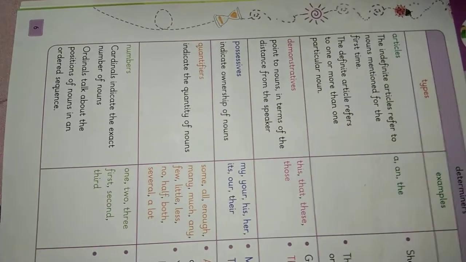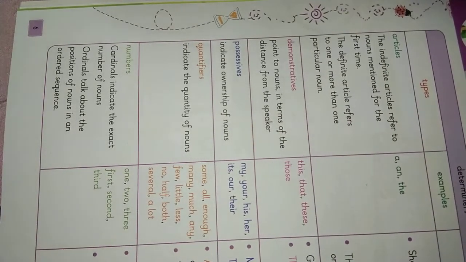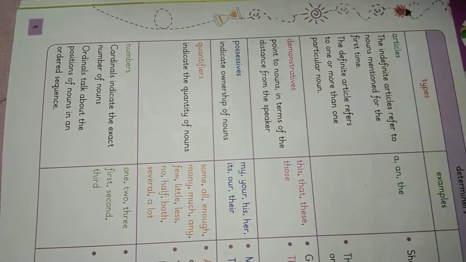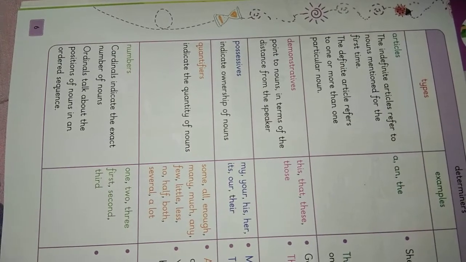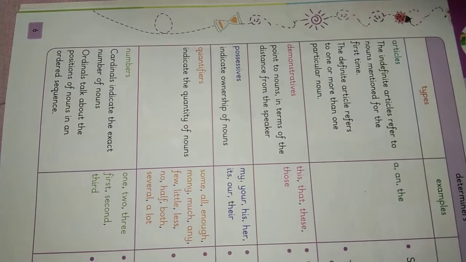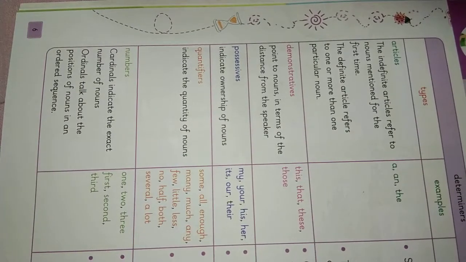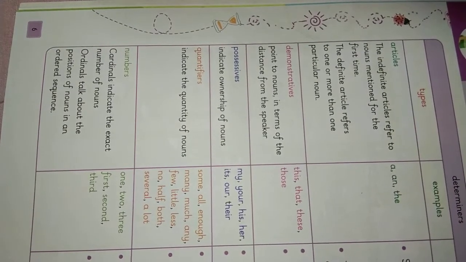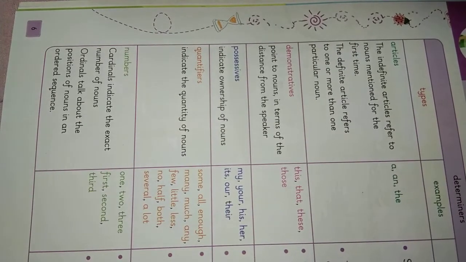The next kind of determiner is quantifiers. Quantifiers, as the name itself suggests, indicate the quantity of nouns.